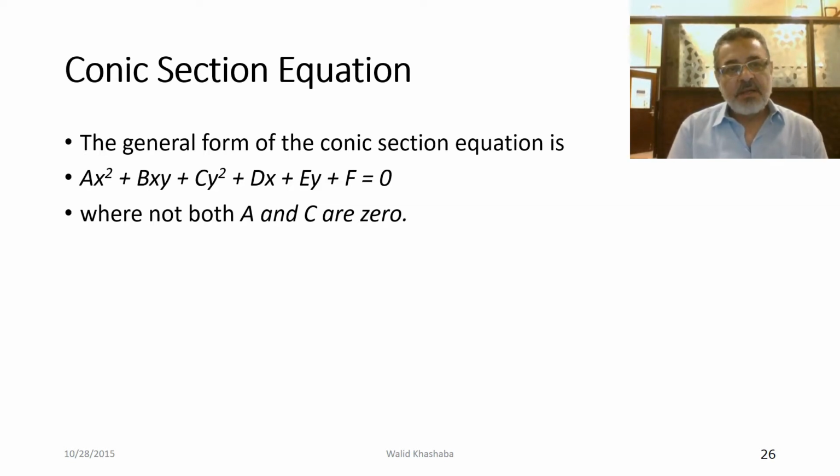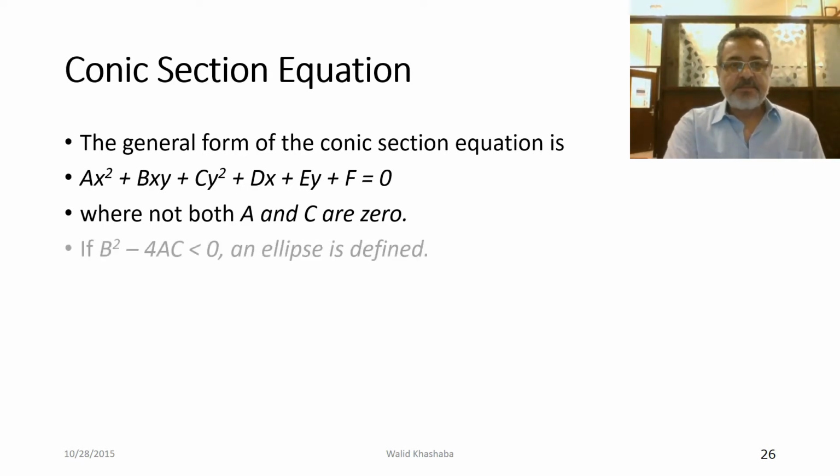Of course, A and C should never be 0, because if they were 0, it would not be of the second degree in the same way; it would be only bxy plus dx plus ey plus f.